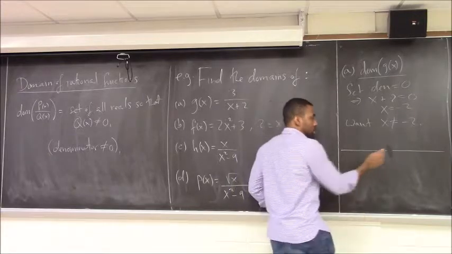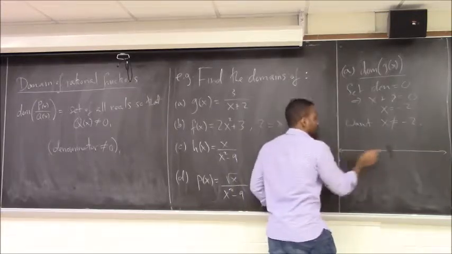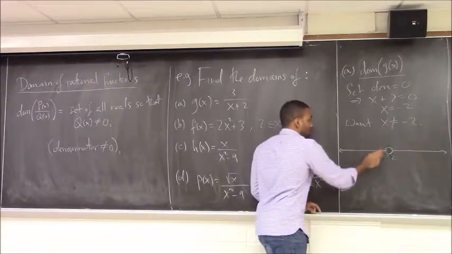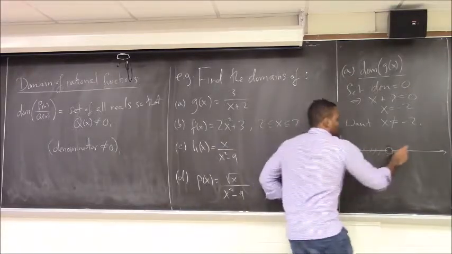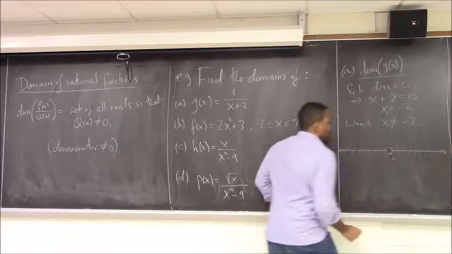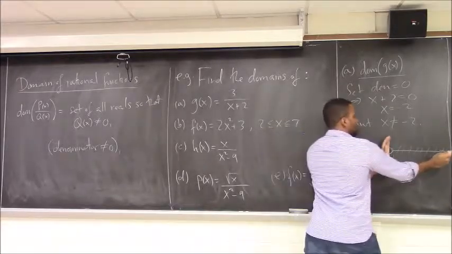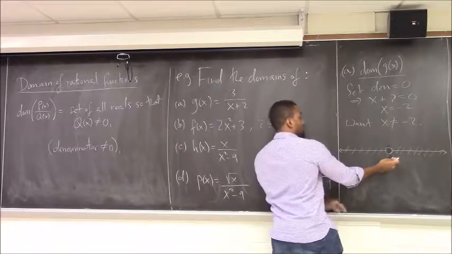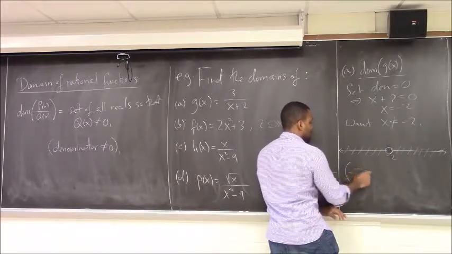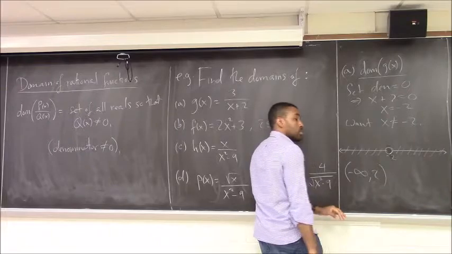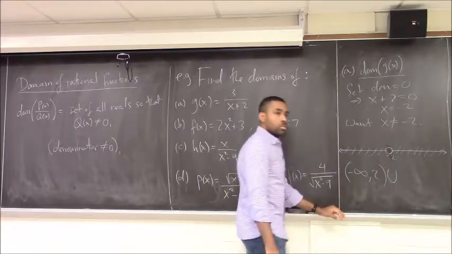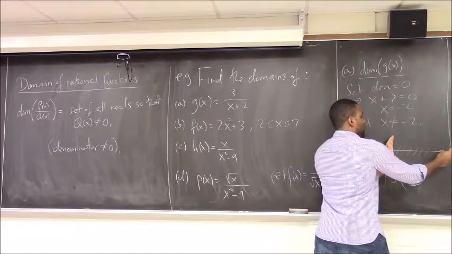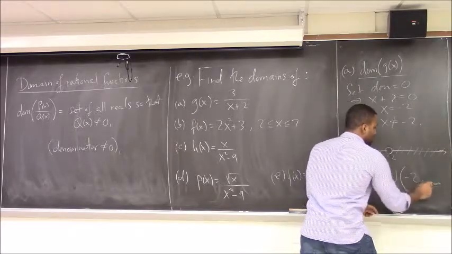This is a number line, and at -2 there's a hole because I can't touch it, but I can touch every other number. I want to describe each interval of numbers that I can touch. I can go from -2 all the way back to negative infinity, which we write as negative infinity comma -2, union anything to the right of -2, so from -2 to infinity.